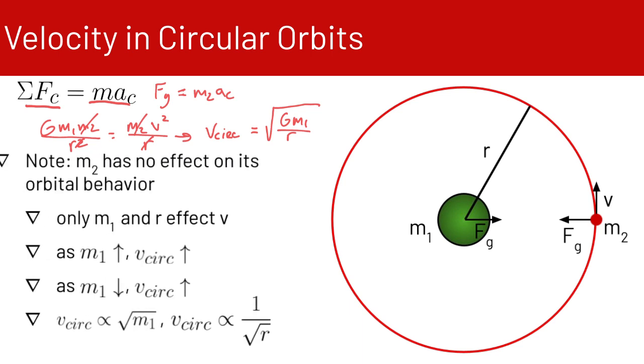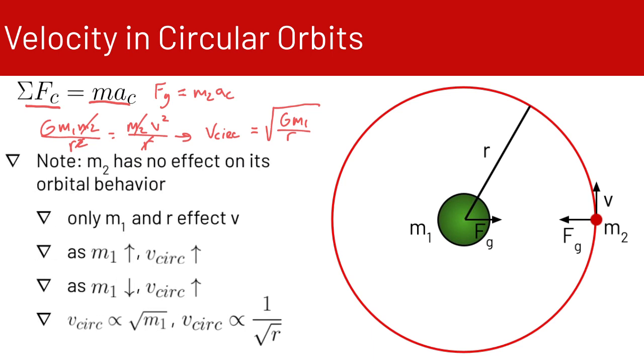Okay, so some things to note here. Note that m2 has no effect on the orbital behavior. It doesn't matter how much mass the satellite has, it doesn't have any effect on its orbit. Only the mass of the central body and the radius that the object is orbiting at affect the velocity of its orbit.